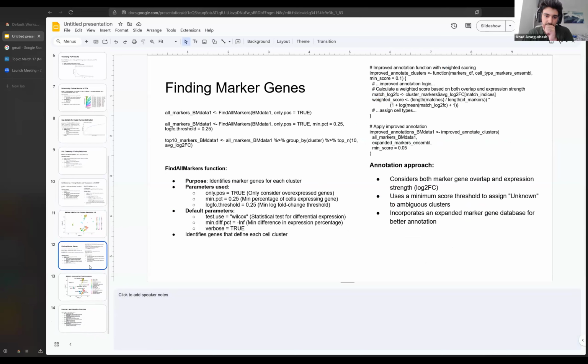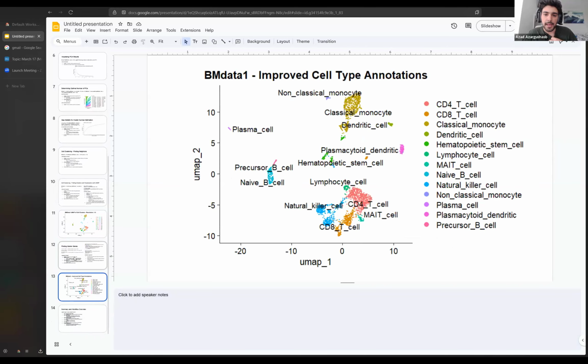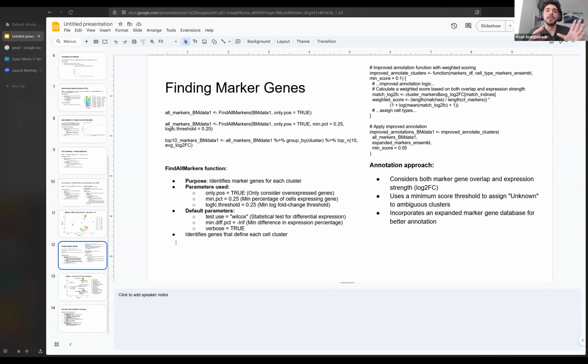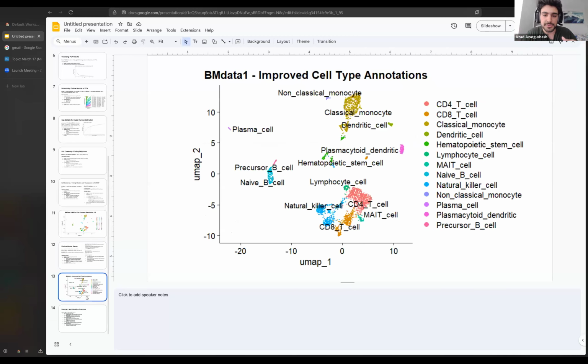But then for marker genes, I ran find all markers on the dataset, and I then also created a database of potentially all known marker genes for each cell type, and then I went through and did a weighted score for each cluster's marker genes, and whichever cell type came out on top with the weighted score was the assigned cell type I used, and then that is what I got here.